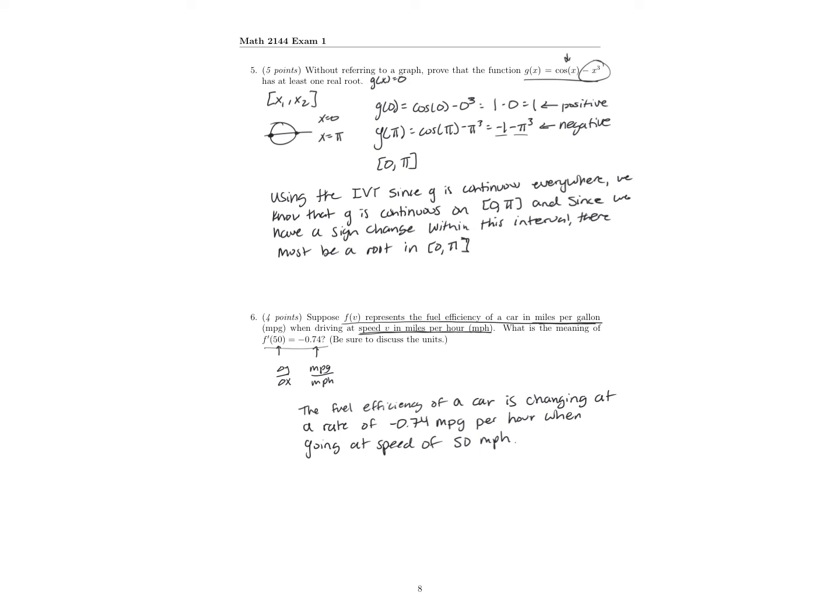So for every additional mile per hour faster that we go, the fuel efficiency goes down, since it's negative, by 0.74 miles per gallon.